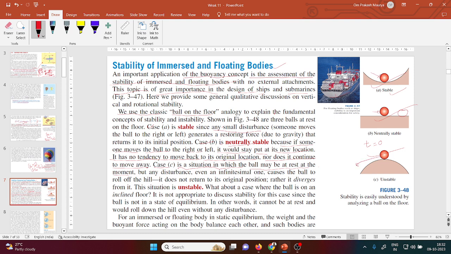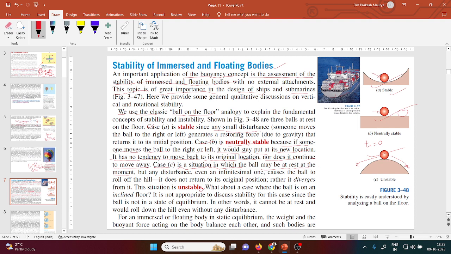The ball will roll off the hill. It never returns to the original position, and rather it diverges from it, and this situation is known as the unstable condition.